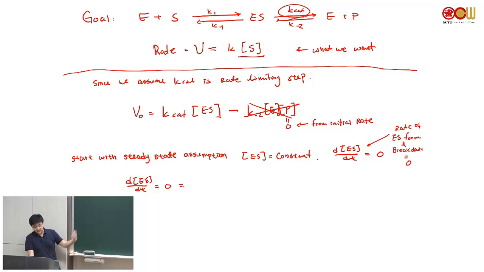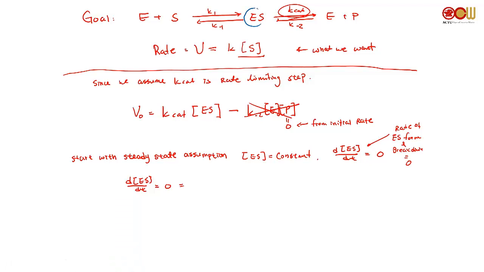If we want to look at the rate of ES formation, what kind of terms do we have? Which reactions give you ES? We have k_1 and k_-2: k_1 E S plus k_-2 E P. Those are the reactions that produce ES, so they're going to have a positive sign.